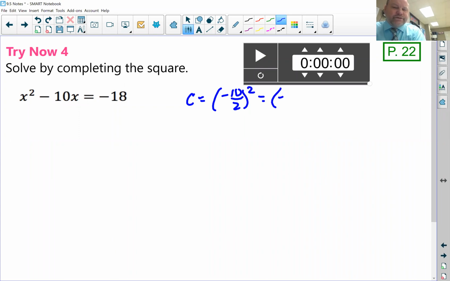Negative 10 divided by 2 is negative 5. Squaring 5, we get 25. So we're going to add 25 to both sides of the equation.